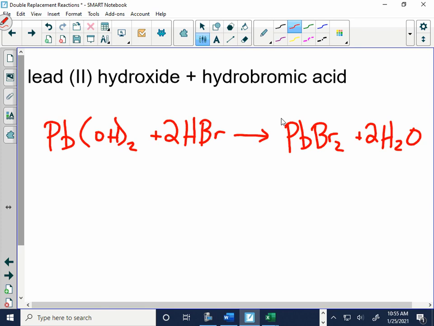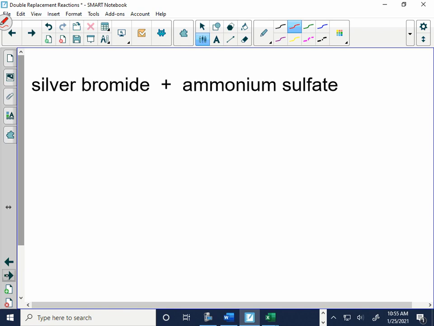Okay. Now, only got a couple more to do. I put this one on here for a specific reason. Silver bromide plus ammonium sulfate. Looking at these, I'm not dealing with an acid, am I?